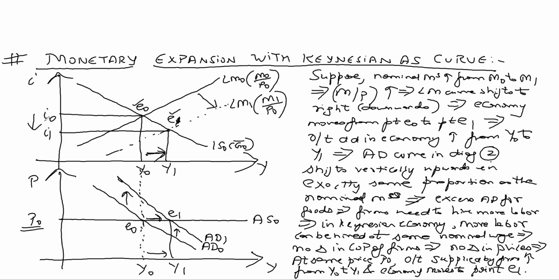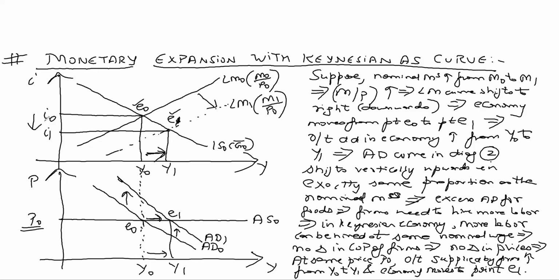So if I sum up, in today's lecture, we have talked about the labor market and the aggregate supply curve. We have done two forms of long run aggregate supply curve, classical and Keynesian. Classical AS curve is parallel to the y-axis. Keynesian AS curve is parallel to the x-axis.